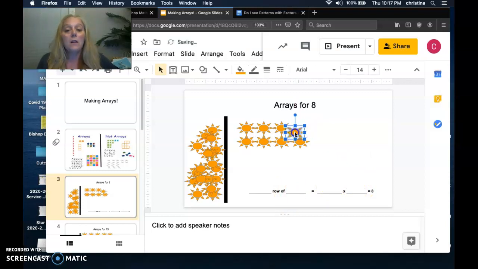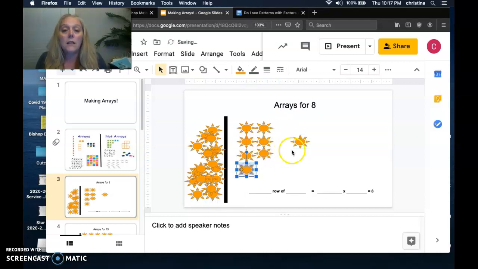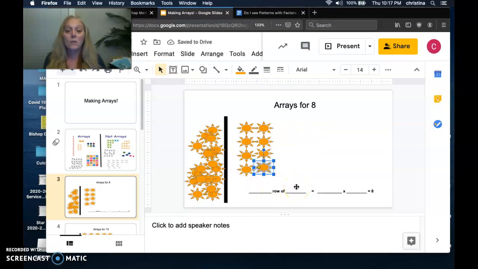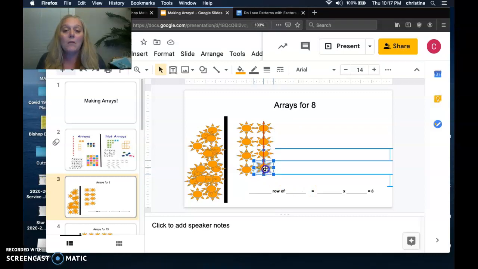We can also make 4 rows of 2, and we can have 4 times 2. But those two arrays are the same. They're just rotated. So we were able to find all our factors.